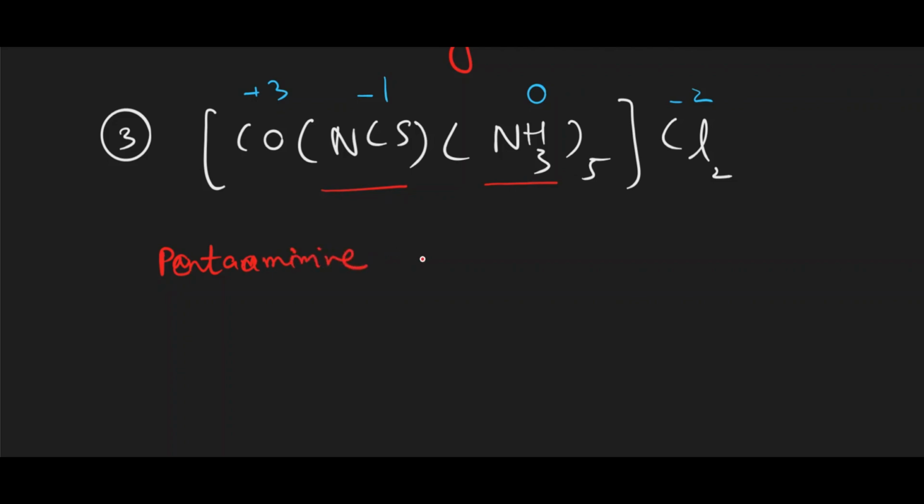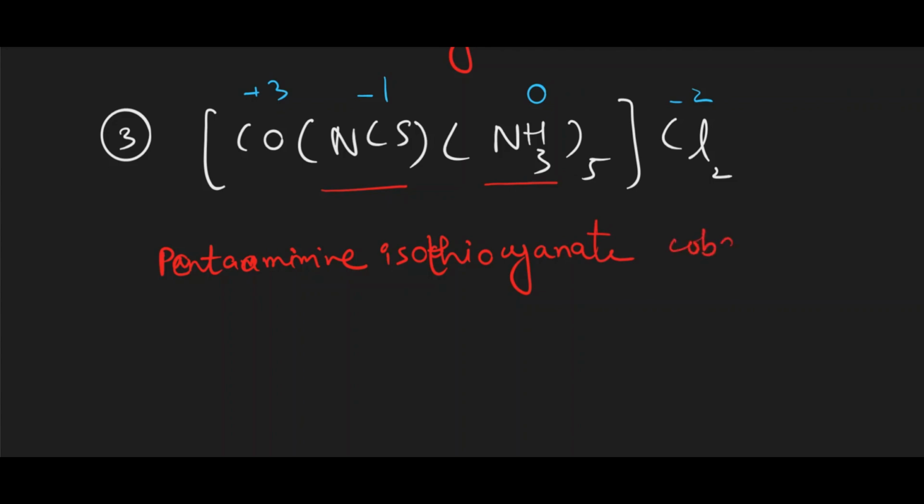And then it is isothiocyanate. It's not cyanide, it's cyanate, and it shows -1 charge. So then we'll be writing the central metal atom.